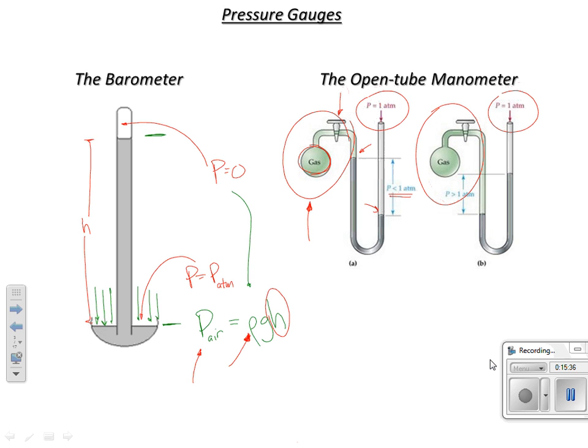So the pressure below, P atmospheric, is the pressure above, which is the pressure here, plus rho g h. Or here is h. So notice, atmospheric pressure is greater than that pressure.